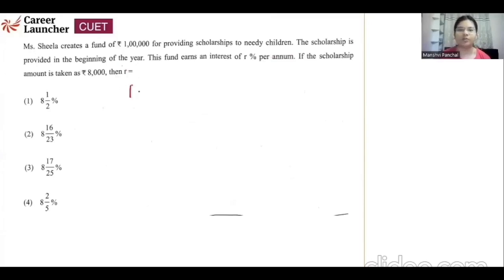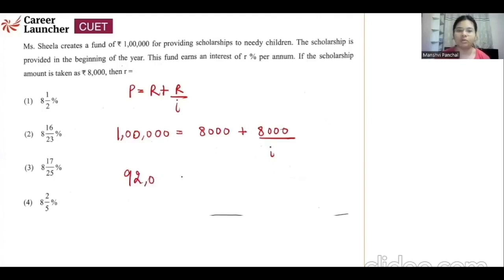So the formula will be P = R + R/i. P is 1 lakh, R is 8,000, so 8,000 plus 8,000 upon i, right? So this 8,000 will go there. So this will become 92,000 equals 8,000 upon i.